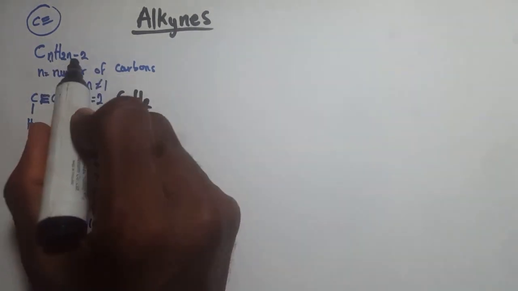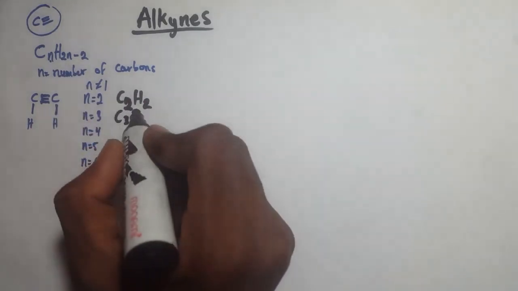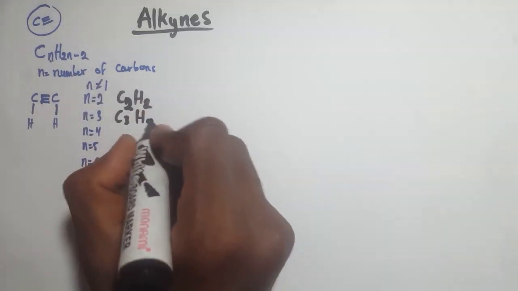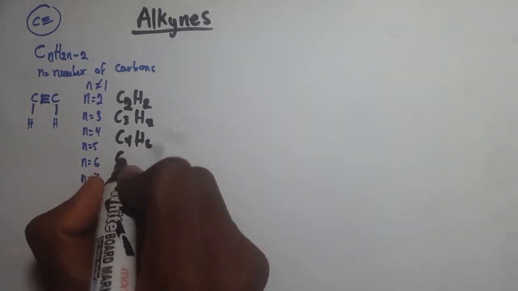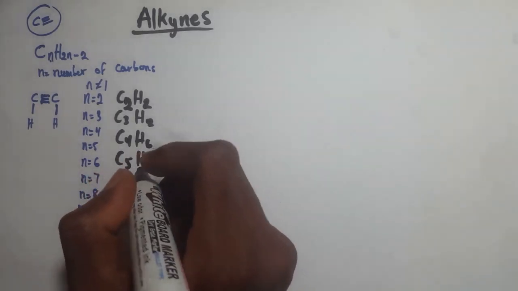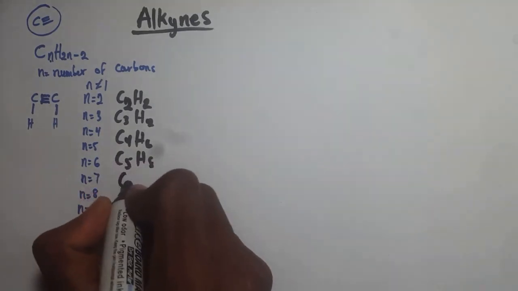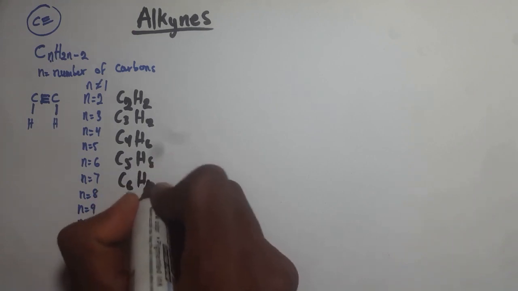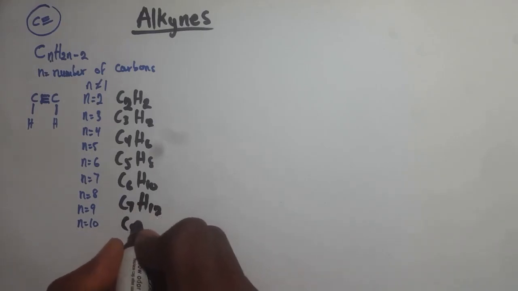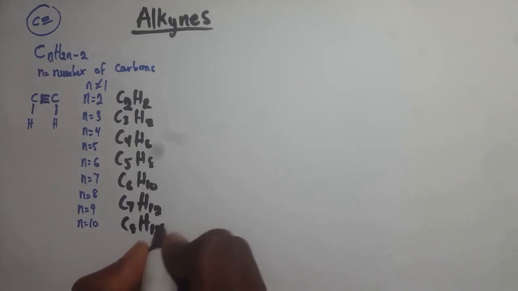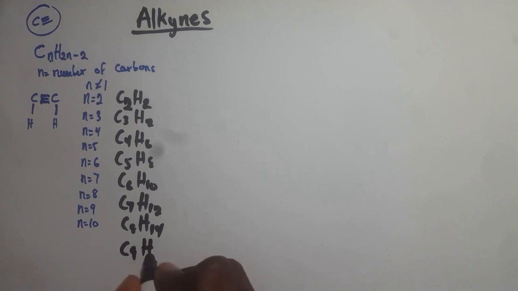C2H2, because 4 minus 2 gives you 2. C3H, 3 times 2 is 6, minus 2 gives 4. C4H6, C5H8, C6H10, C7H12, C8H14, C9H16, then C10H18.